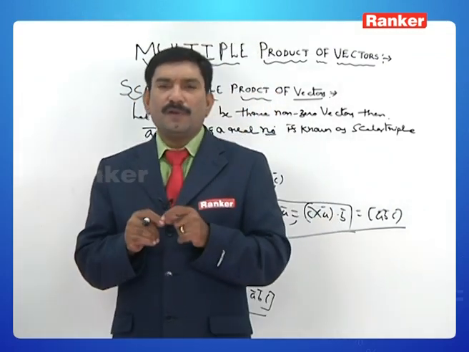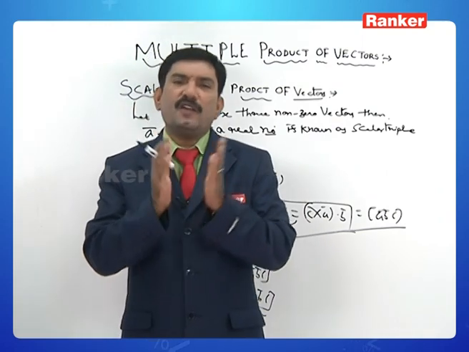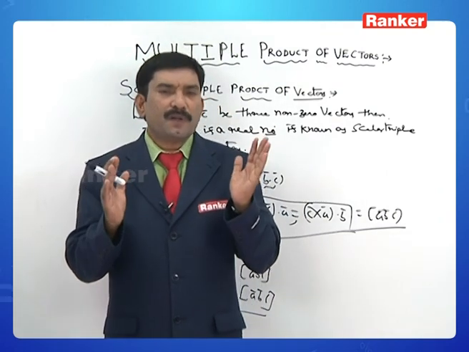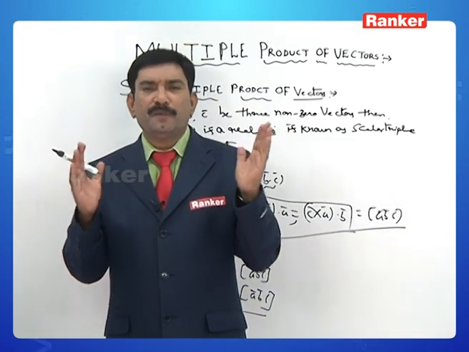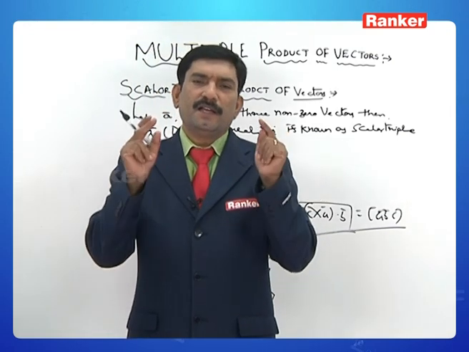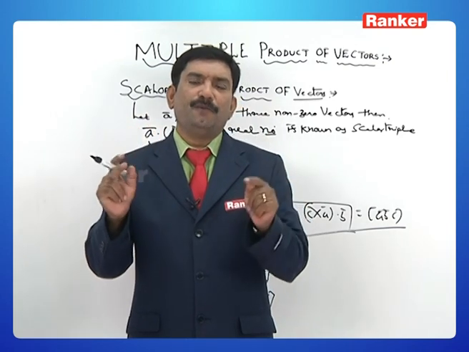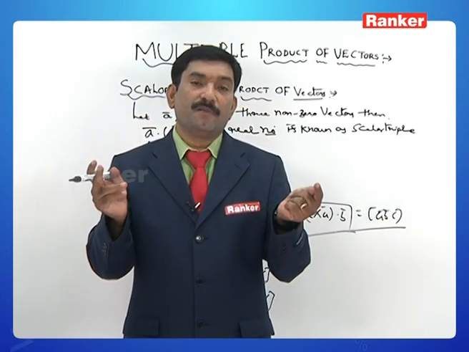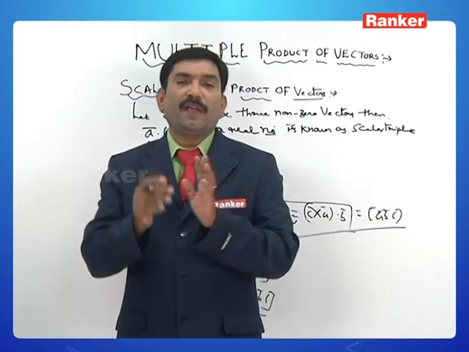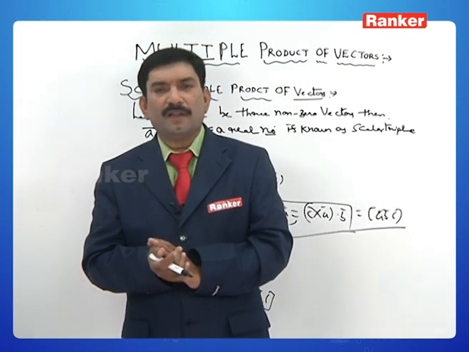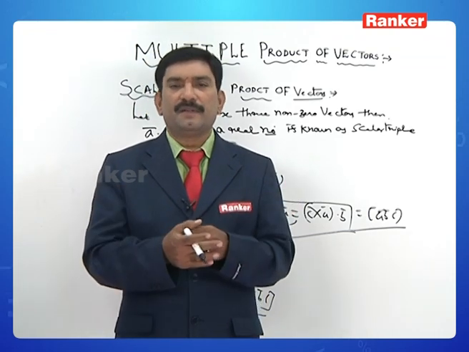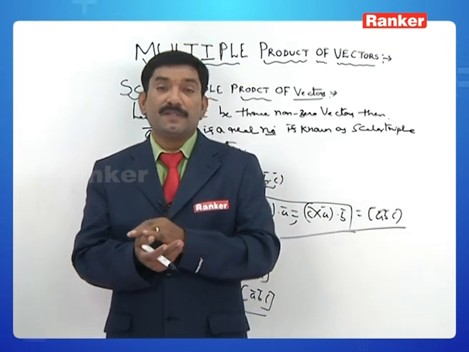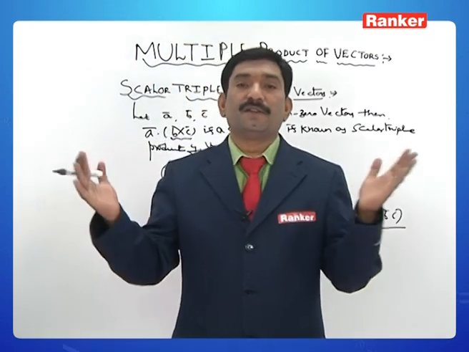Meanwhile, we have geometrically interpreted the cross product, or vector product, of A bar and B bar as the area of a parallelogram with adjacent sides A bar and B bar. Then we went on to find the area of the triangle formed with the vectors A bar and B bar as half into modulus of A cross B, or half into A cross B, depending upon whether it is a scalar area or a vector area.